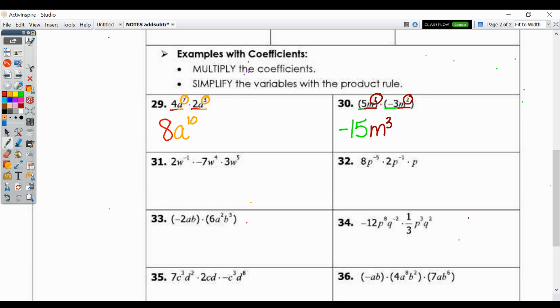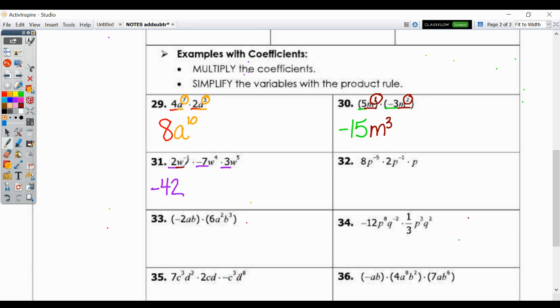Let's do 31 and 33. Okay. So I'm going to do my big numbers first. 2 times negative 7 times 3. If I type in 2 times negative 7 times 3, I'll get negative 42. Okay, then I'm going to worry about my exponents.